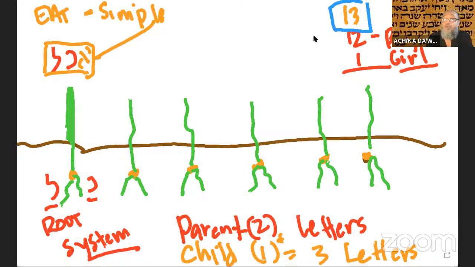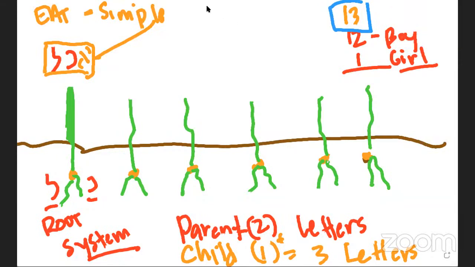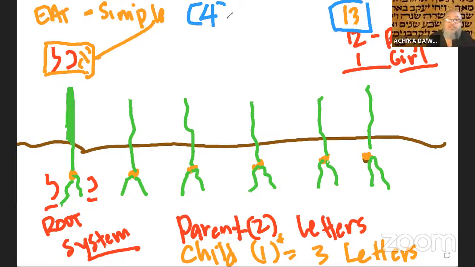But how do you determine how these 13 kids come about? They come about with 4 letters. And I want you to remember this. How many wives did Yaakov have? 4. He had 4. Of these wives, he had to take a what in order to be with them? What did he make? He made a vow.